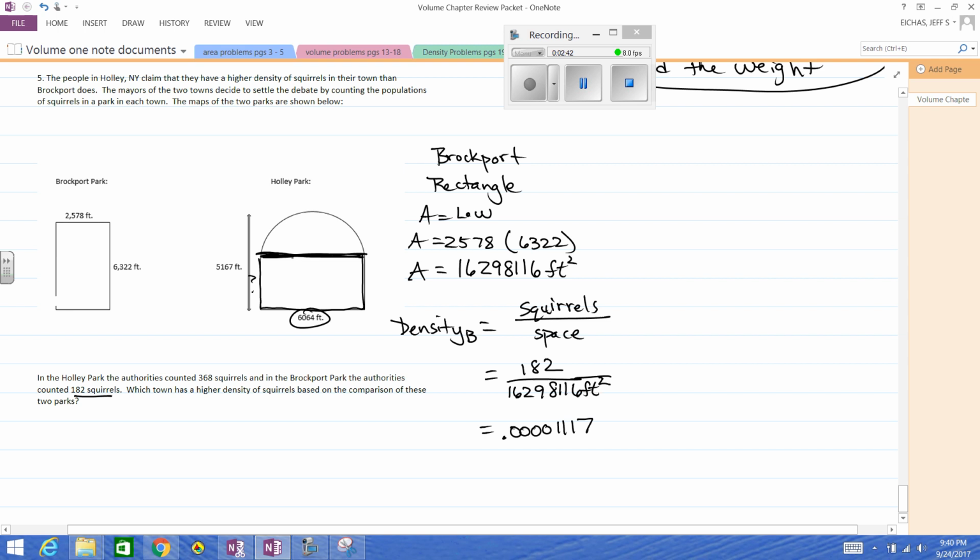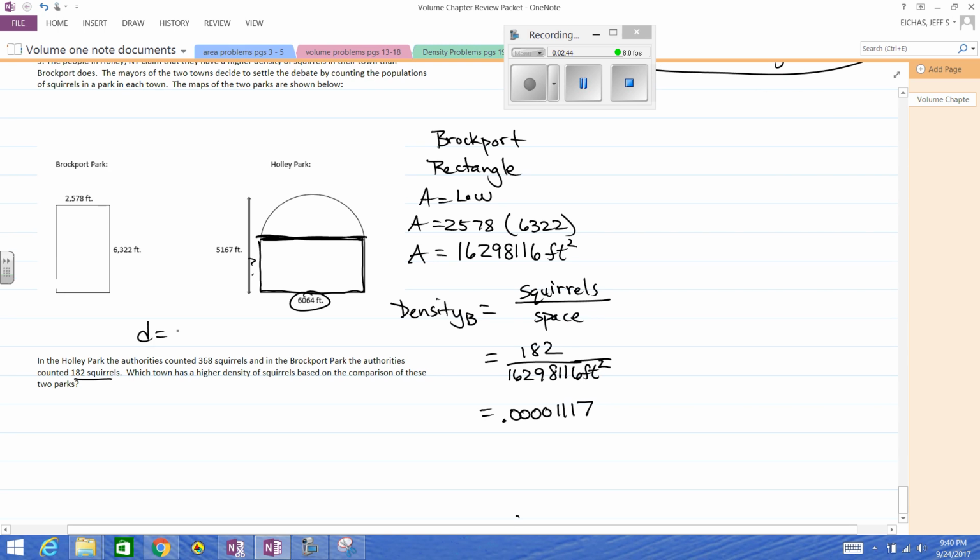If the diameter, which you had to interpret yourself, is 6064, well then the radius is half of that, 3032. So if the radius going out to here is 3032, that actually gives us two pieces of information. If the whole thing's 5167, we get this height.